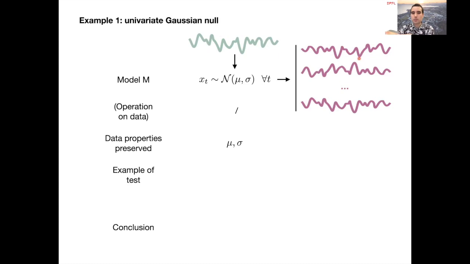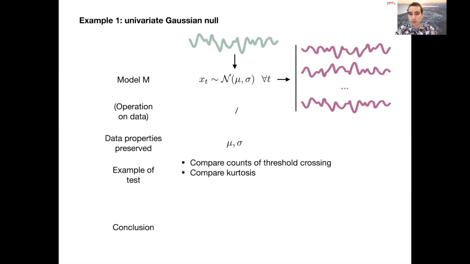Here it's quite simple. It's mu and sigma, the mean and the standard deviation. And a test measure M, so the variable M presented in the previous slide. So an example of useful value M could be, for example, to compare the counts of threshold crossings in original and surrogate data.